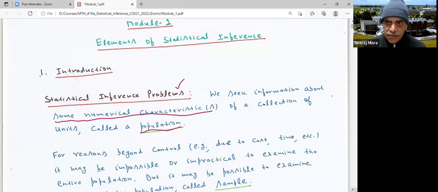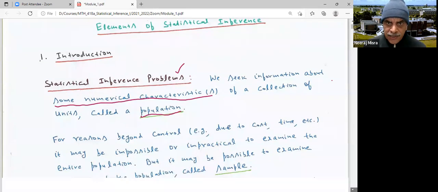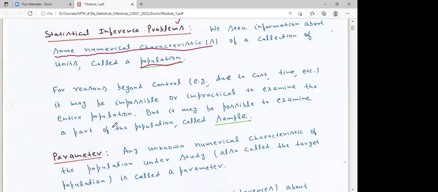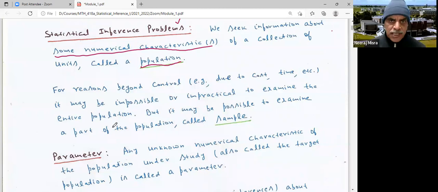Now, for reasons beyond our control, that could be due to the cost, time, or even the size of the population, it may not be possible, or it may be totally impractical to examine the entire population. It may be too time consuming, or too costly, or sometimes even totally impractical to examine the whole population.